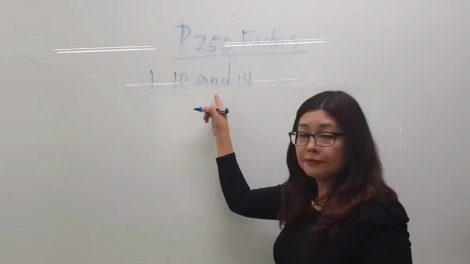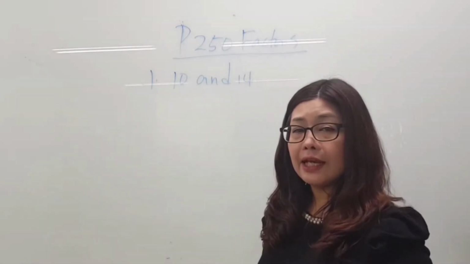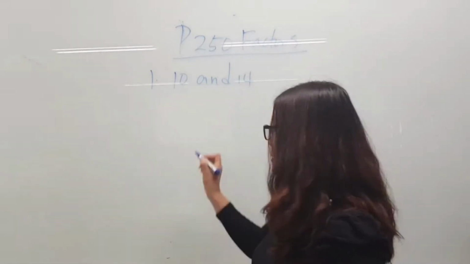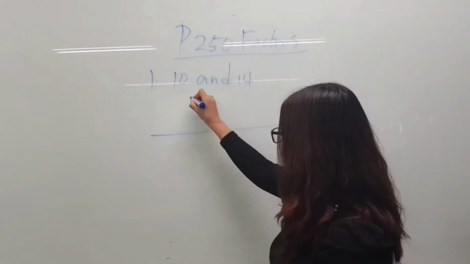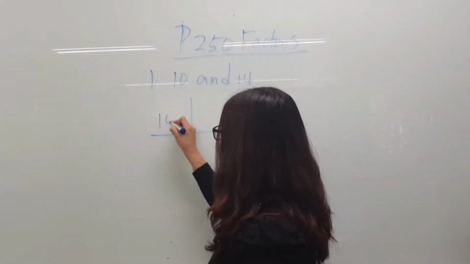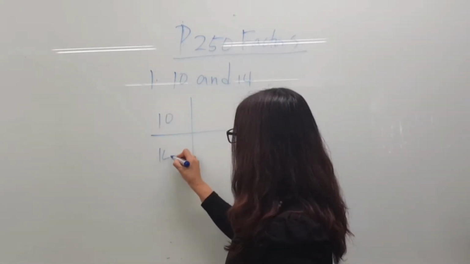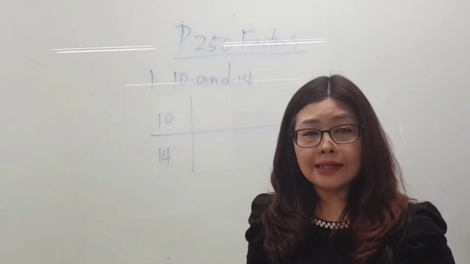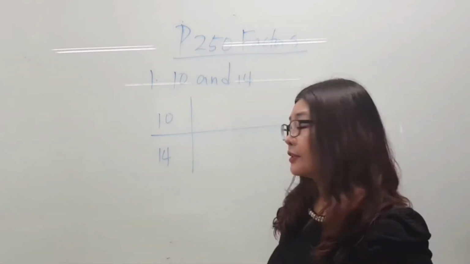We have to find the factors of 10 and 14. To do that, you have to organize by making a chart. First, write 10 here and 14. This is how to organize so that you can easily find the common factors.